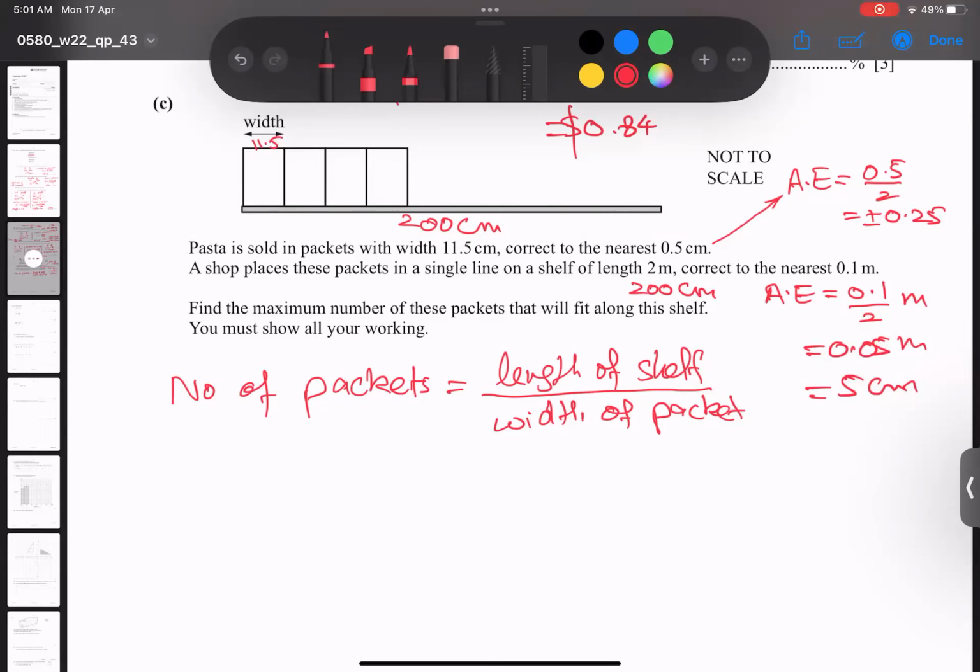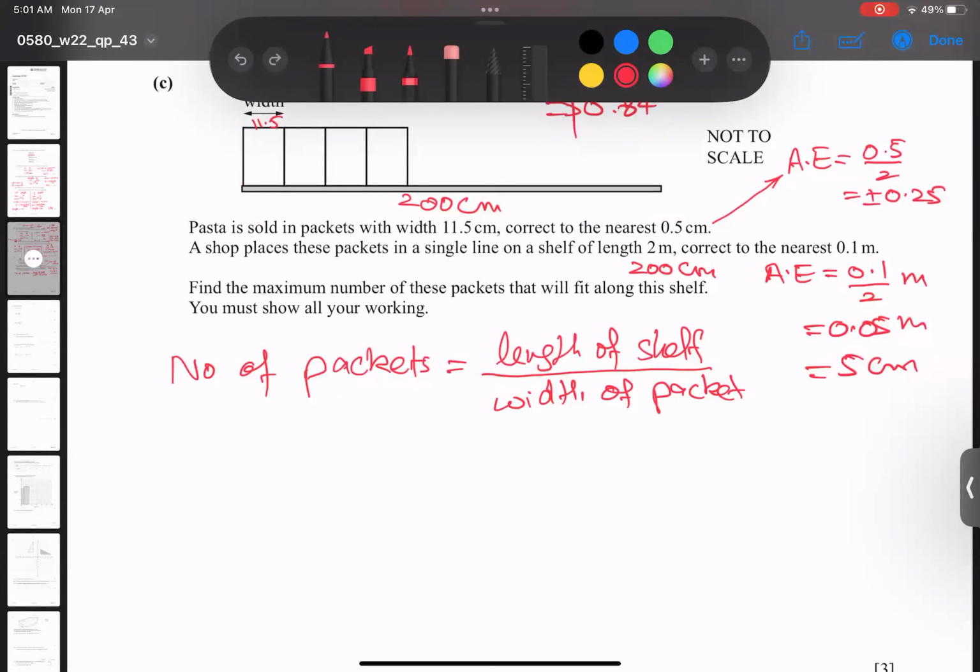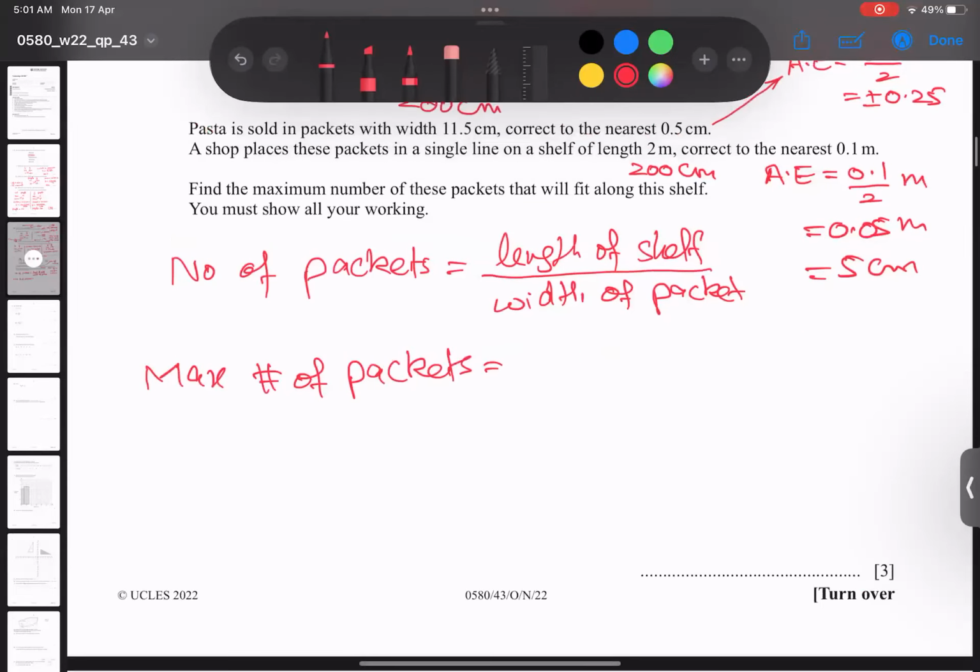Okay. So how to find the maximum number of packets? Let me tell you one thing. If I'm looking for the maximum number of packets, students, what is the method to find it? Basically, here is the formula: whenever we need an upper bound by dividing, the numerator must be the upper bound and the denominator must be the lower bound.